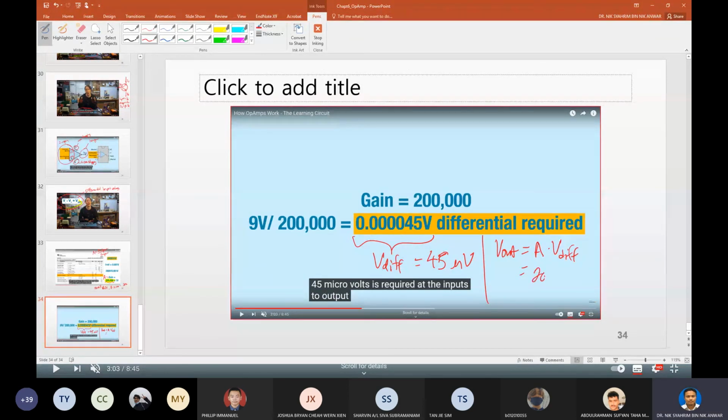Since gain is 200,000 multiplied by 45 microvolt, immediately you will get 9 volt at the output. So if you can imagine, 45 microvolt is very small.